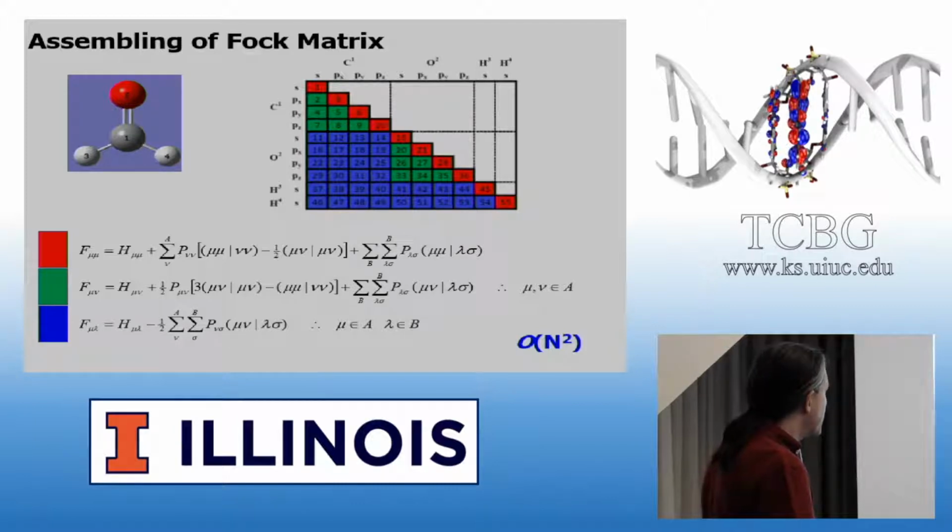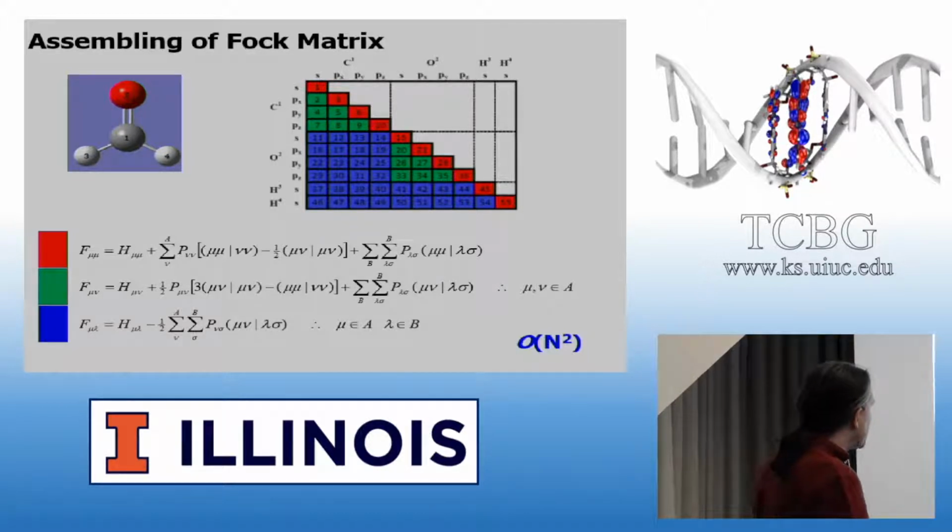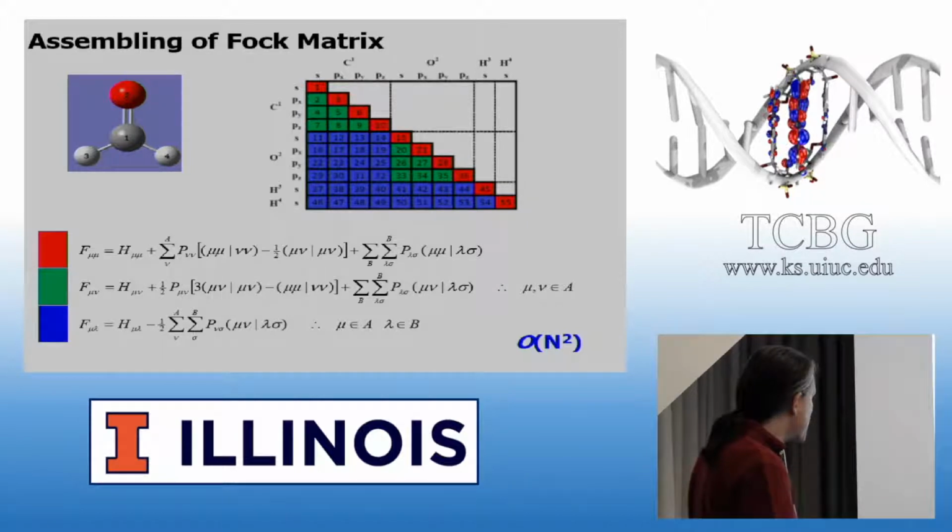That is the pattern of the elements to assemble the Fock matrix. Consider the methanol molecule. In the diagonal, you need to calculate elements with this type of equation.